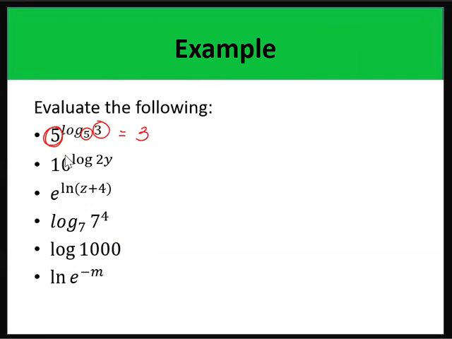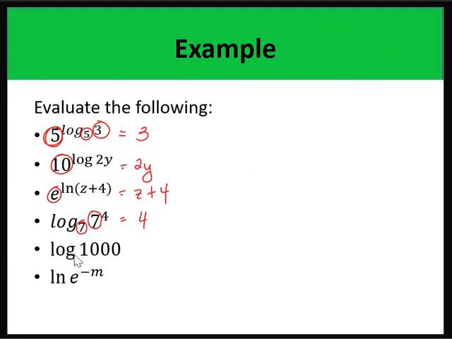For the second one, the base is 10 and the base of the logarithm is 10, so this is equal to 2 times 1. For the third one, the exponential base is e and the logarithmic base is also e, so this is equal to z plus 4. For the fourth one, the logarithmic base is 7 and the exponential base is 7, so this is equal to the exponent 4.